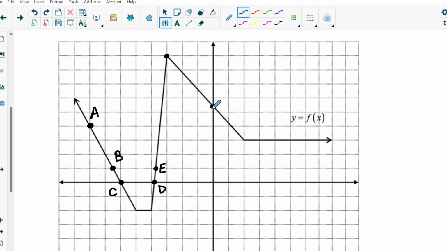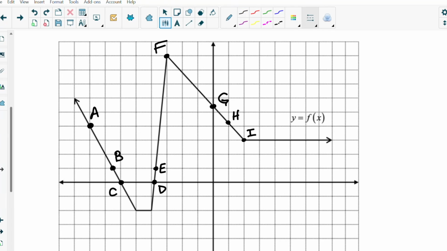G is the y-intercept right here, so this is point F, this is point G. Point H, right there. Point I, and so on. So those are the key points that I need.